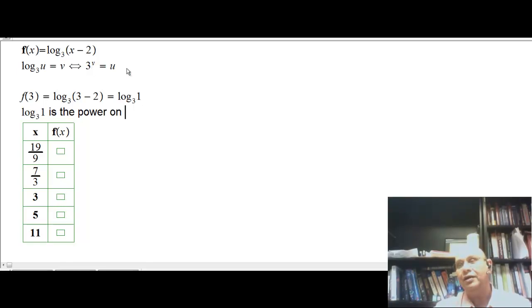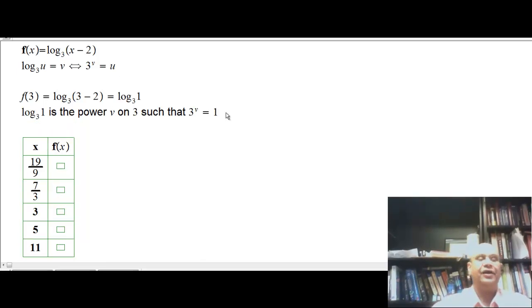So I should say the power v on 3 such that 3 to the v is 1. That's the rationale. Oh, I see, so you're just solving for v, and v is 0. Right, v is 0.